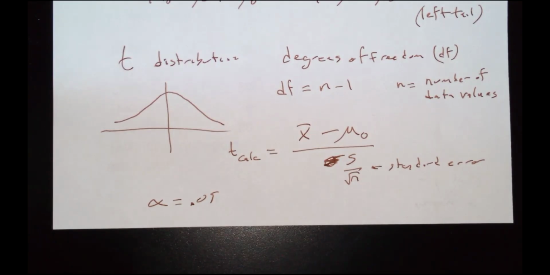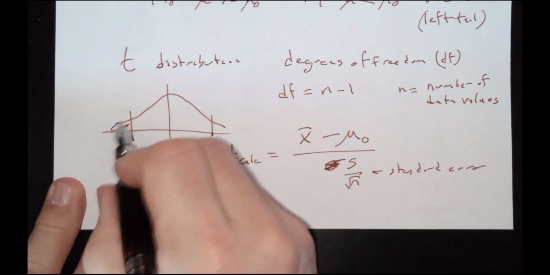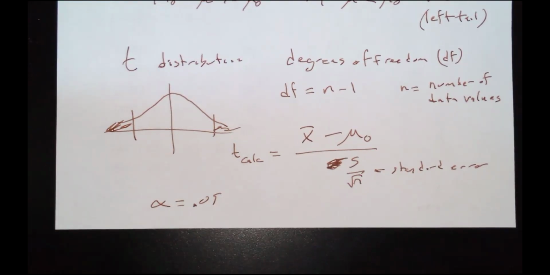What Gossett said was, I want you to tell me how much of this curve is 5% of the area. And if we're out there in that 5% region, then it's really unlikely this just happened by random chance. So he figures out where the lines are so that these two pieces add up to 5%.